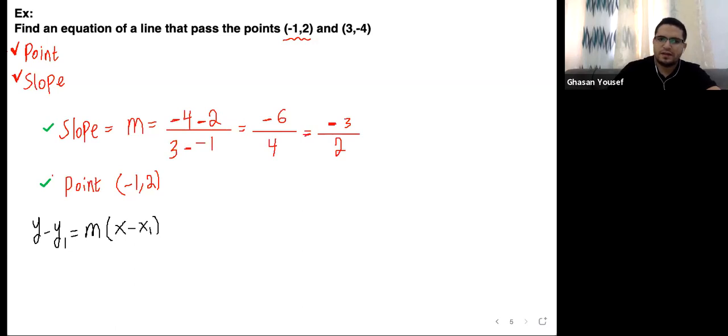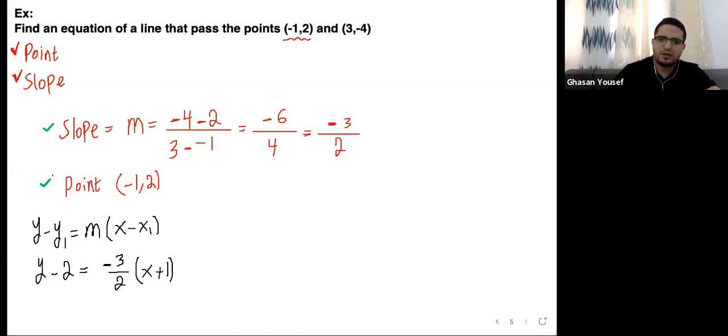Now, my y1 is 2. So here I get y minus 2 equals, the slope is minus 3 over 2, times x minus x1. x1 is minus 1, so minus minus 1 is positive 1.